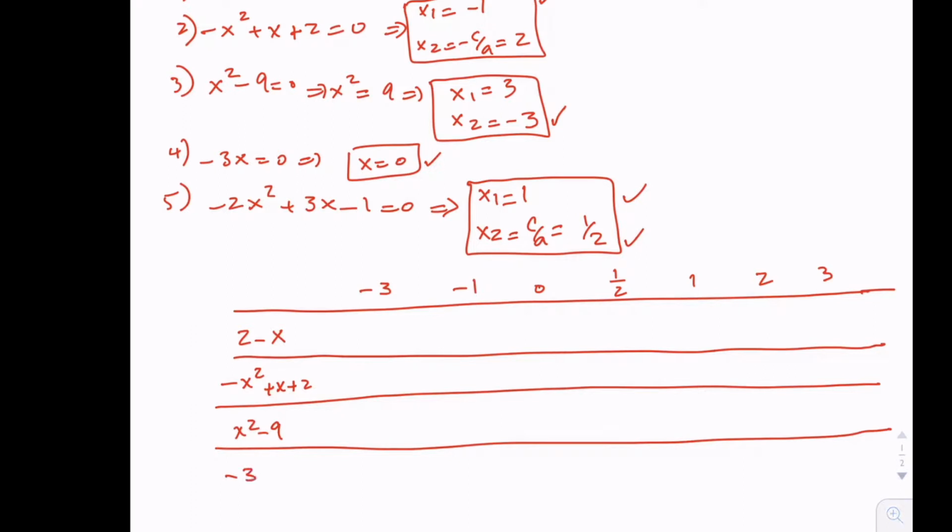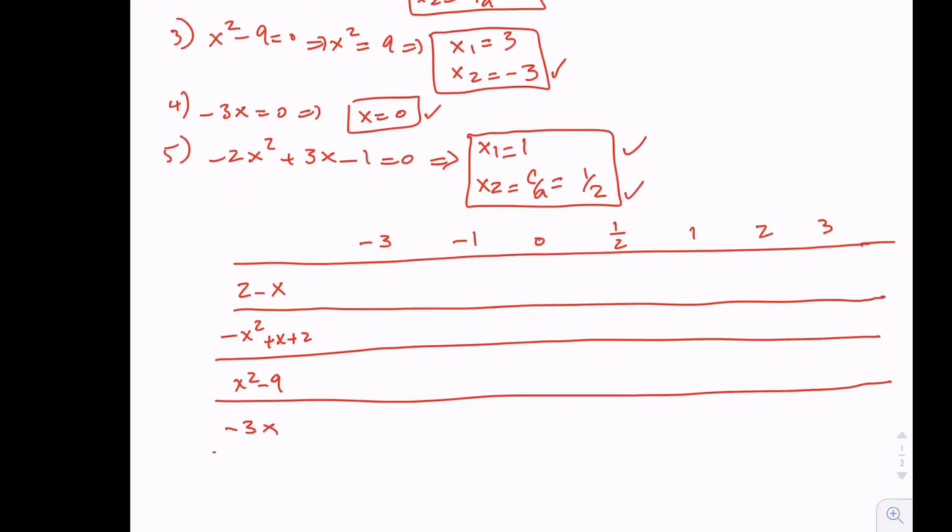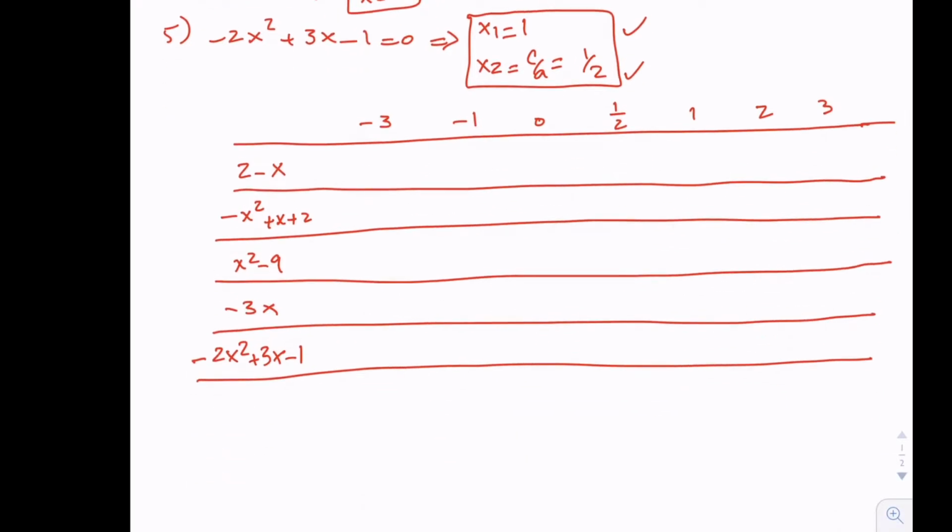Fourth row is minus 3x. Fifth row is minus 2x squared plus 3x minus 1. And the last row is f of x. So let's just construct this table.